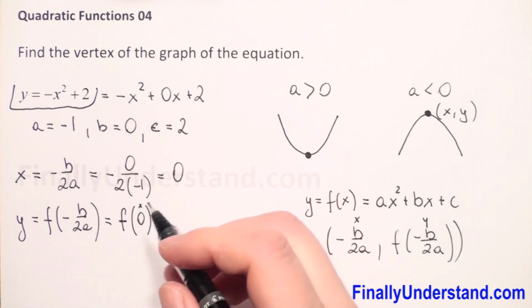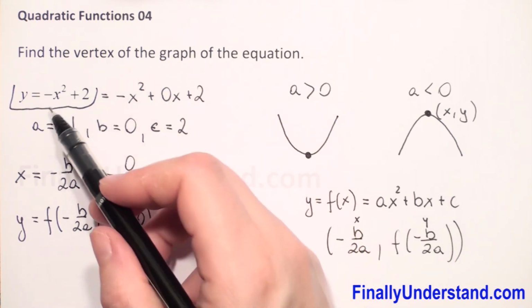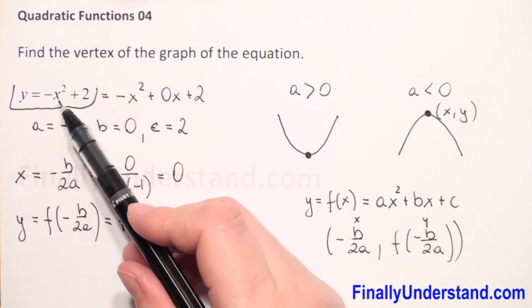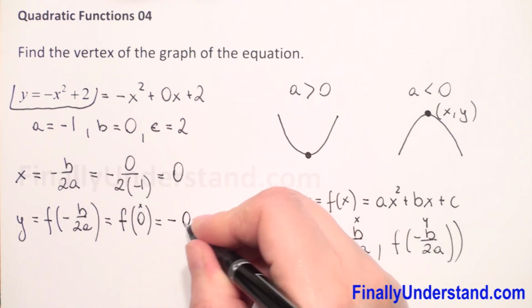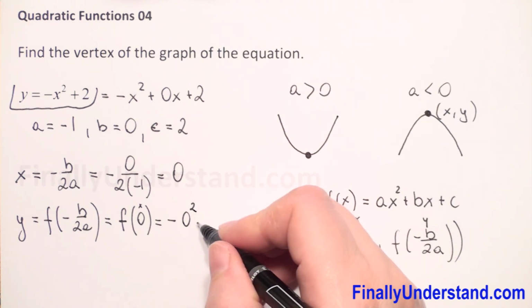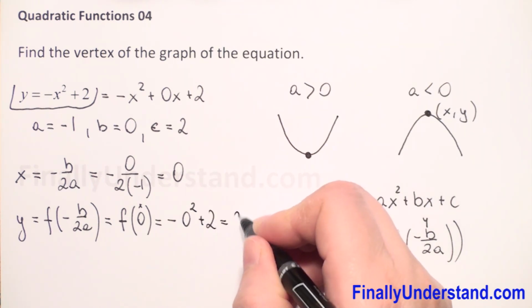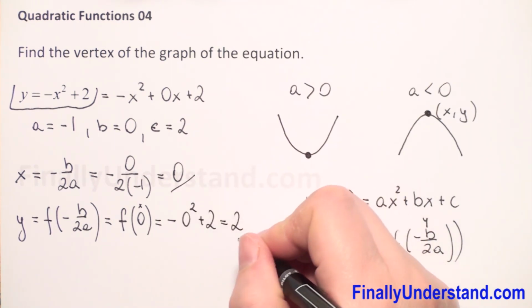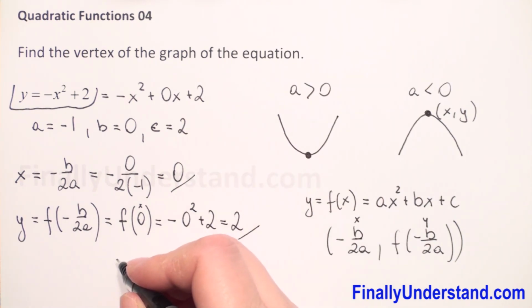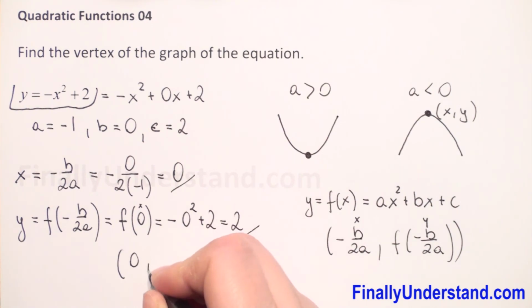This is our x now. So we have the negative sign we copy, x is 0, so we have 0 to the second power plus 2. This is equal to 2. We found x, we have y, so we can write that the vertex is (0, 2). This is my solution.